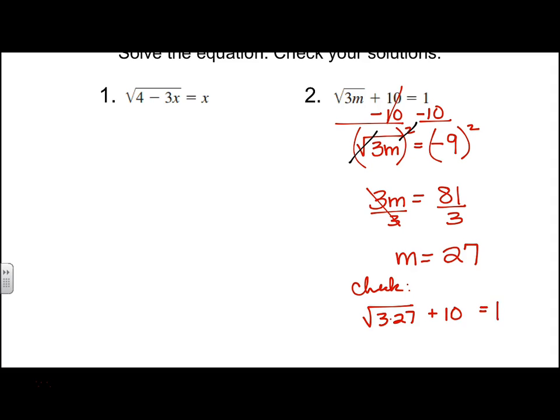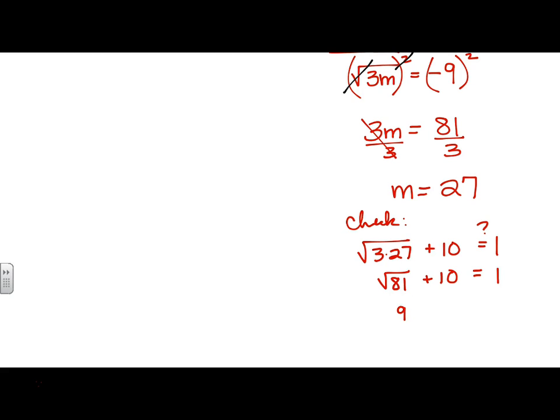Well, to help you out real fast, 3 times 27 is actually 81, as we saw earlier. And we can do the square root of 81. Remember, we're asking ourselves, is this true? What's 9 plus 10? Not 1. Do you see why this doesn't work?